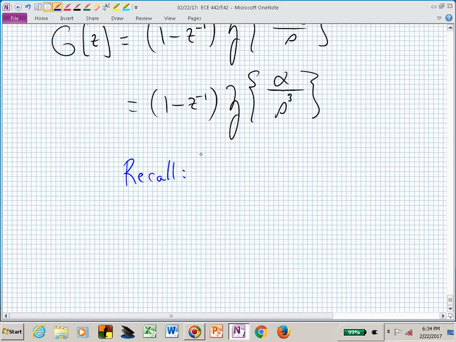Does anybody remember what would happen if we inverse Laplace transformed 1 over S cubed? What if we inverse Laplace transform 1 over S? 1. Give me a 1.